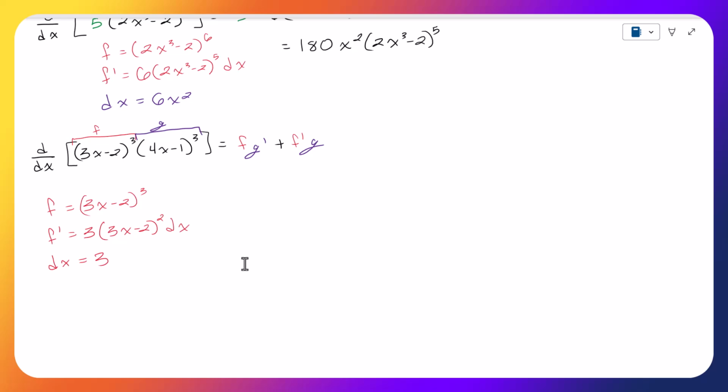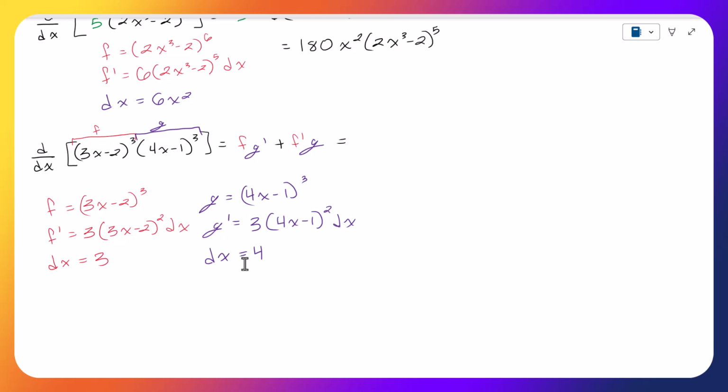And now we have g equals 4x minus 1 cubed. G prime is going to be power rule again, 4x minus 1 squared dx, and then dx is going to be 4, because our derivative of 4x minus 1 is 4.